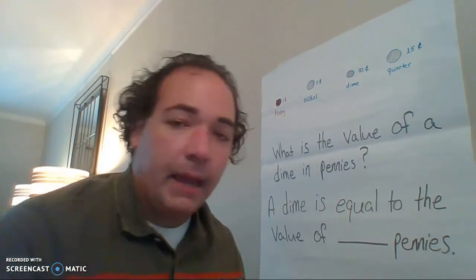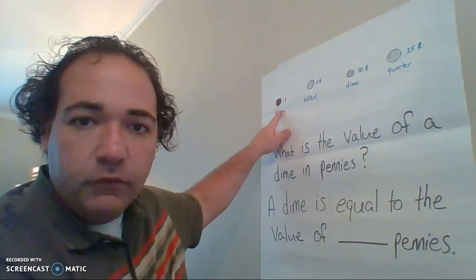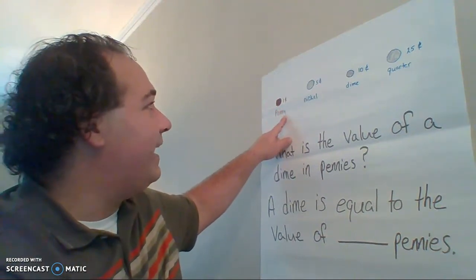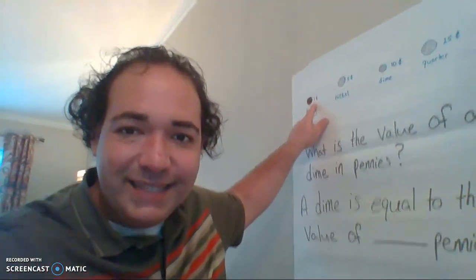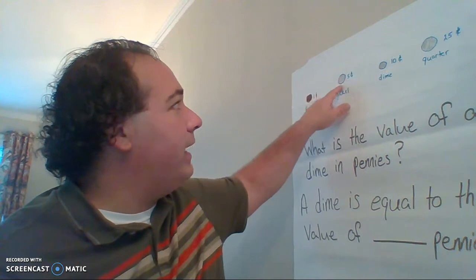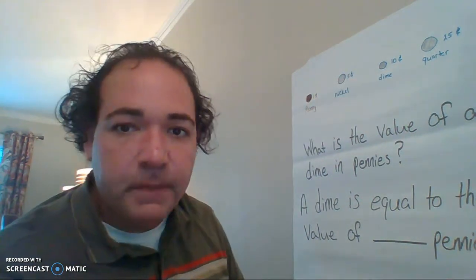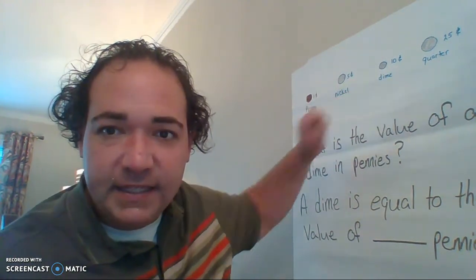So up here on my board, I drew a penny, and I used brown to color in my penny. I wrote penny underneath it, and I wrote the value of a penny. A penny is worth 1 cent. The nickel, I outlined it in blue so I could see it, but I colored it in gray to represent my silver. I wrote nickel, and the nickel is worth 5 cents.